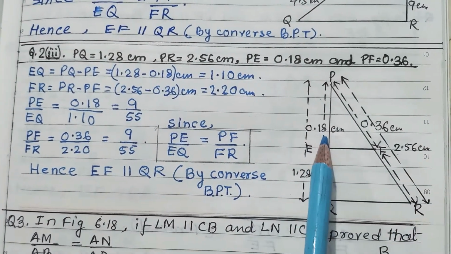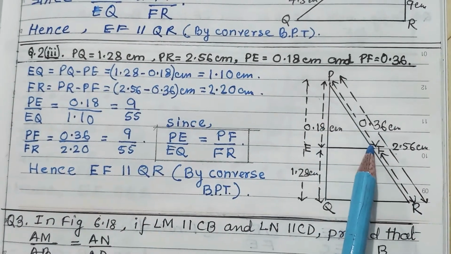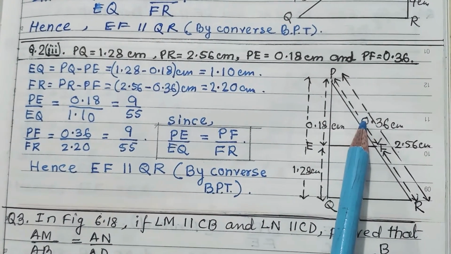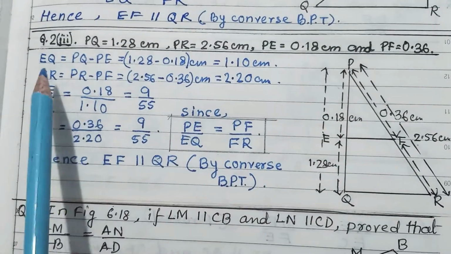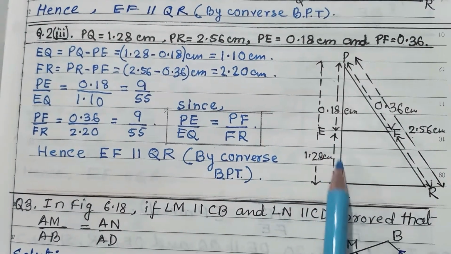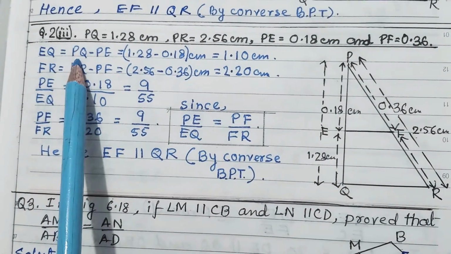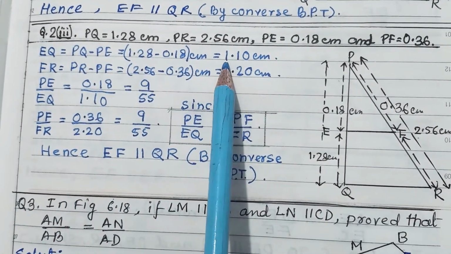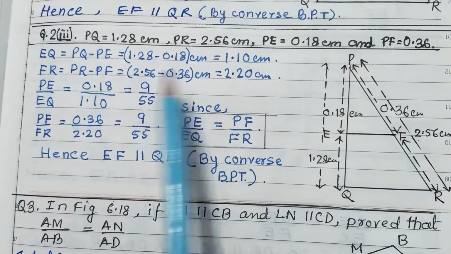PE is equal to 0.18 and PF is equal to 0.36 centimeter. Now in the figure we have to check this much part. The whole length has been given, so we need EQ and FR. EQ is equal to PQ minus PE, which is 1.10 centimeter.